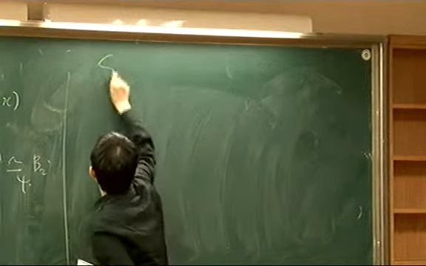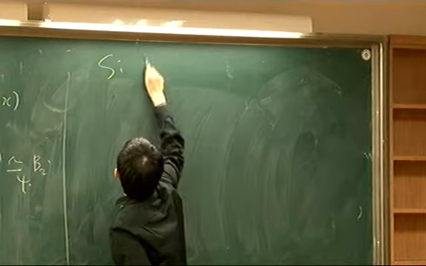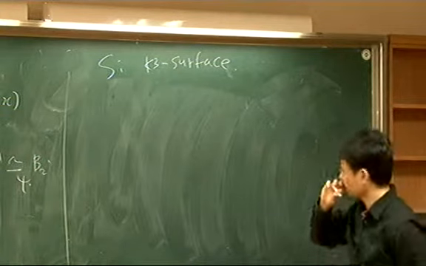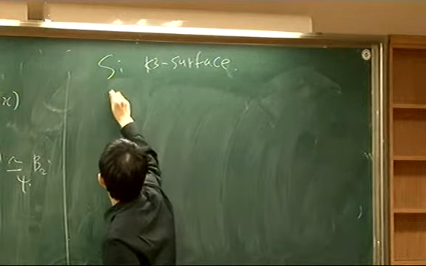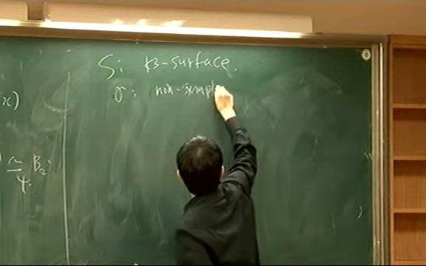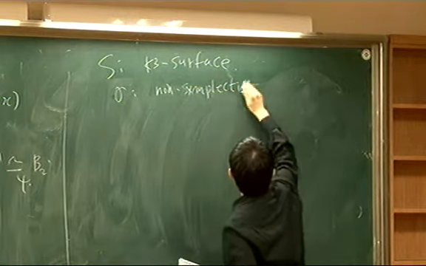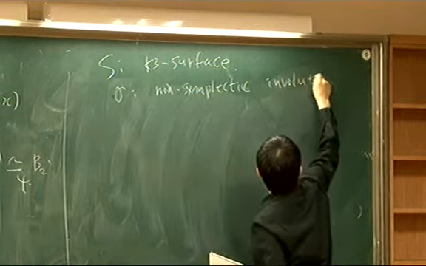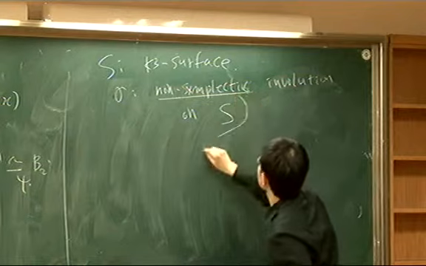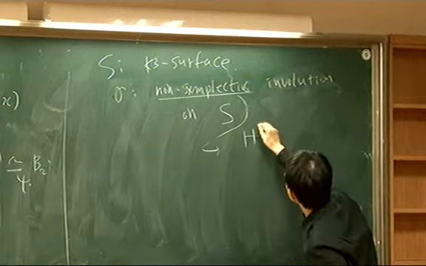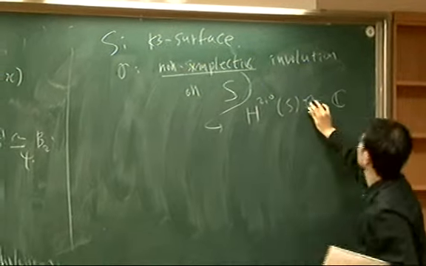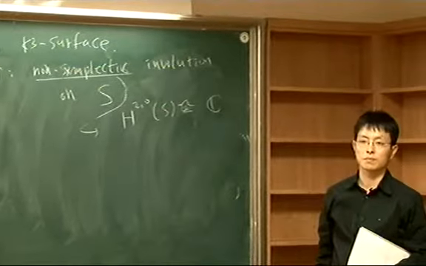So let's say this is the K3 surface, and you can consider an involution, a non-symplectic involution. This non-symplectic means the following. For a K3 surface, this space is C, one-dimensional.